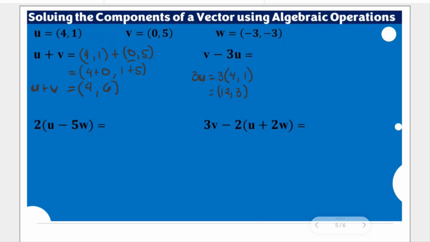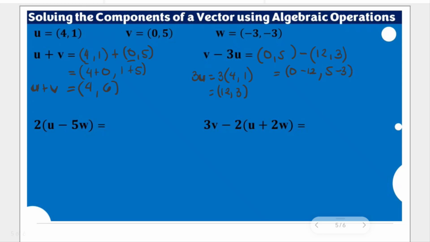This is what you're going to subject to your operation, because you will have v, which is 0 and 5, minus your 3u, which is 12 and 3. So doing that, you will have 0 minus 12, comma, 5 minus 3.